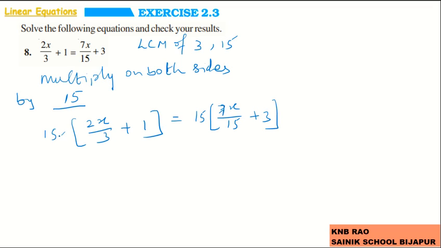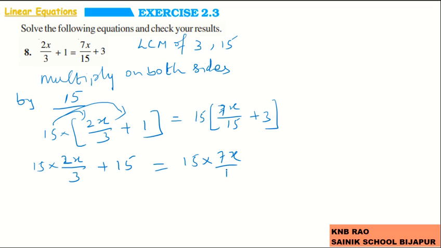It is just like a distribution, multiplication over addition. So 15 into 2x by 3 plus 15 into 1, 15, equals 15 into 7x by 15 plus 15 into 3 is 45.